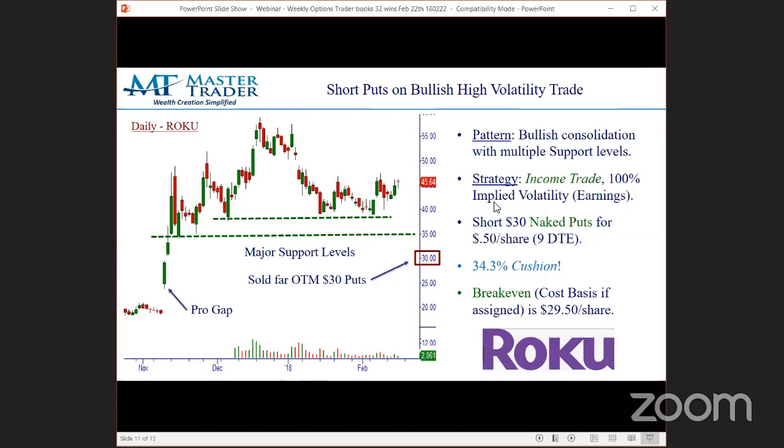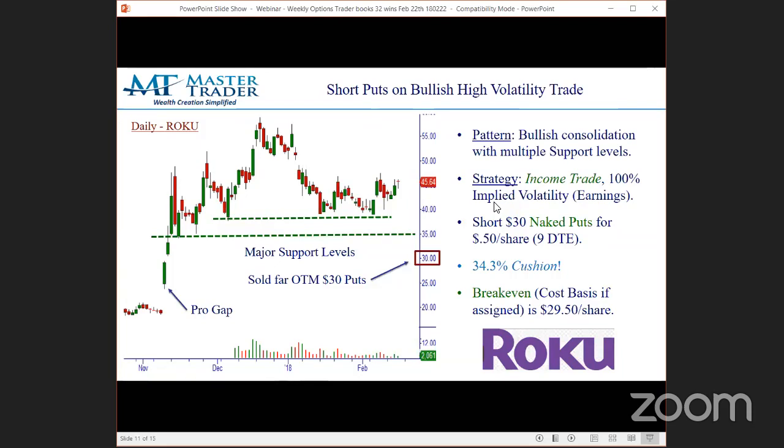It's A or B. A, the premium you took in is 100% profit if it expires worthless. So if you sell a 10 lot on this, $500 went into your pocket on day one. It expired worthless, so it's yours to keep.